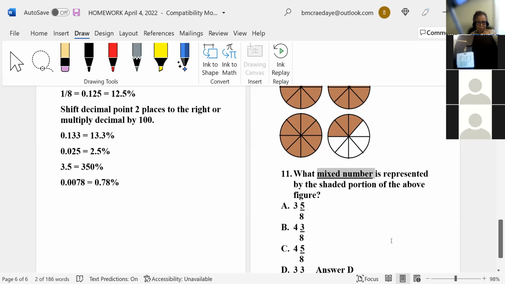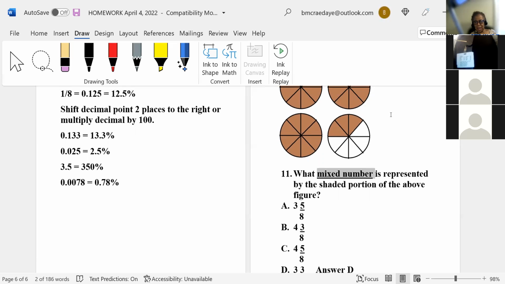Got it? If I had shaded this one along with this, what would my answer be? It'd be 3 and 4/8.